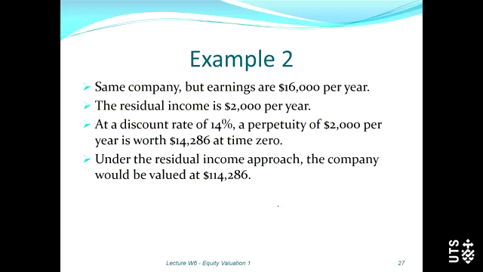So now the value of equity will be higher than 100,000. By how much? By the present value of 2,000 per annum, which in this case is 14,286. Okay? So if the company generates earnings in excess of the expected return, value of equity is higher than the book value of equity. Makes sense?